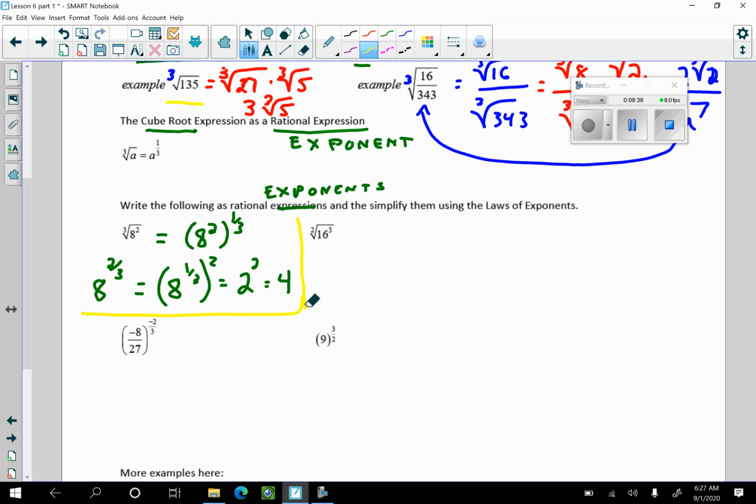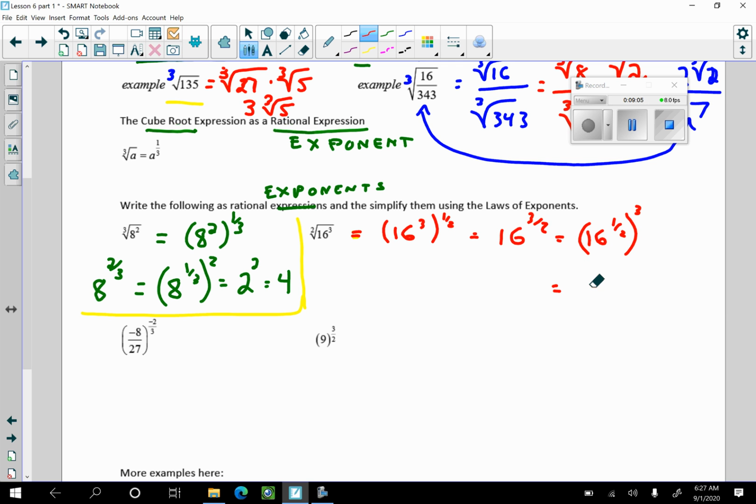Now we have the square root of 16 cubed. And I'm going to write that with rational exponents. That's going to be 16 cubed raised to the 1/2 power, which is equal to 16 to the 3/2 power, which is equal to 16 to the 1/2 power cubed. And what do we know about 16 to the 1/2 power?